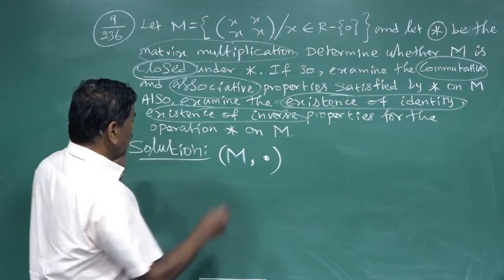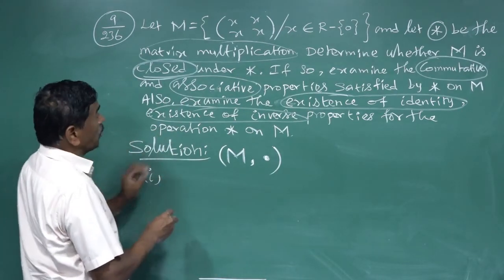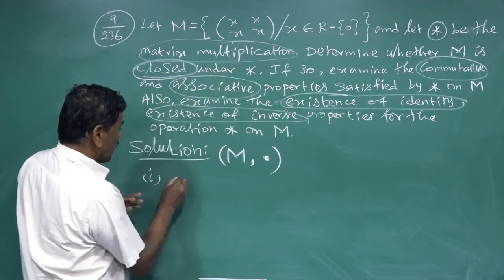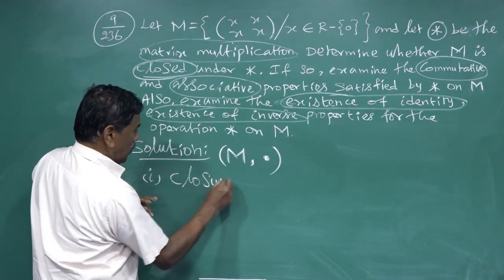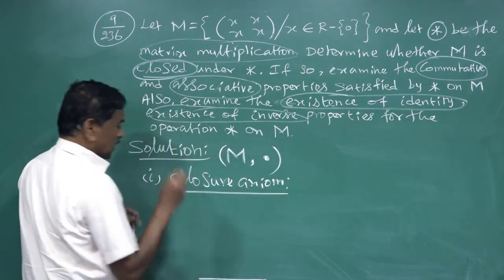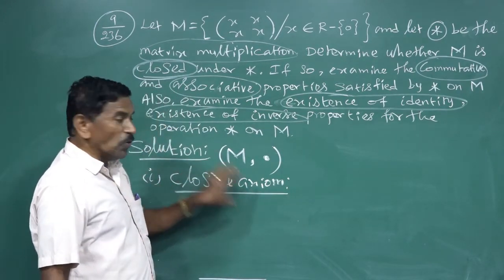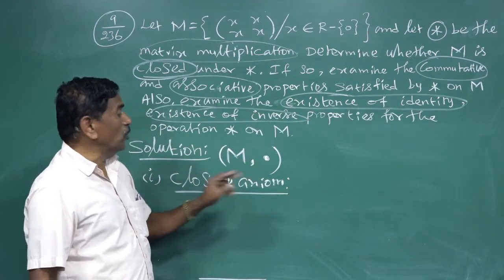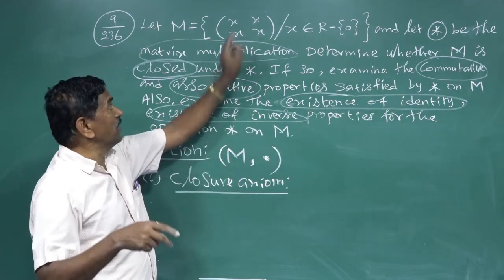Now the solution. Subdivision 1 is the closure axiom. Listen carefully. To prove the closure axiom, we want to select 2 elements in the given set.